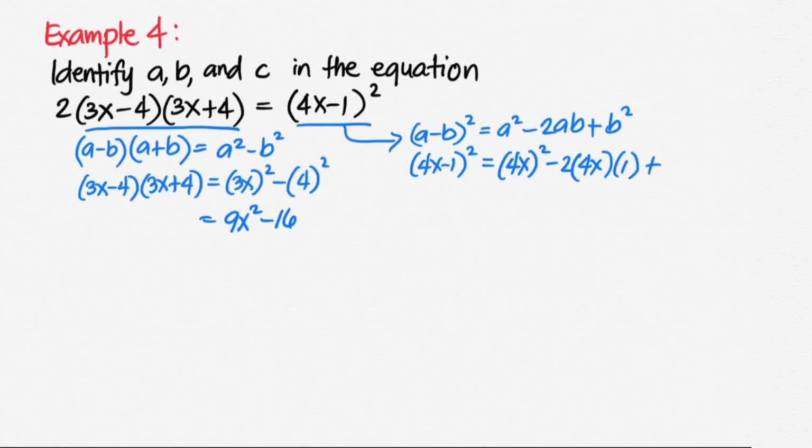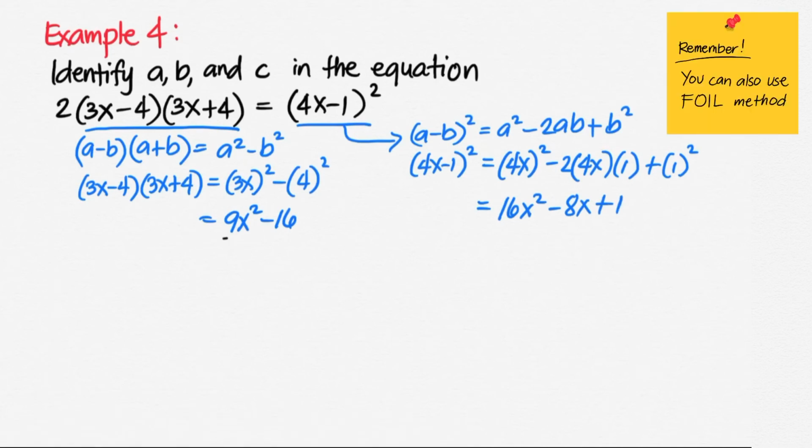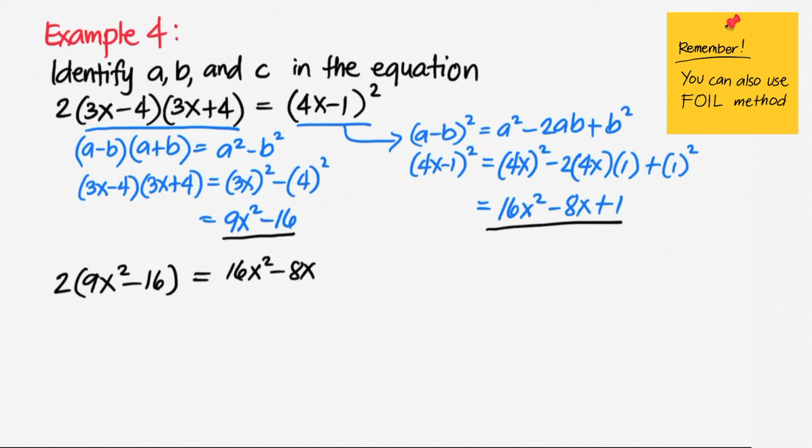So 4x squared is 16x squared, minus 2 times 4x times 1 is negative 8x, then plus 1. So let's now substitute that into the equation. 2 times 9x squared minus 16 equals 16x squared minus 8x plus 1.